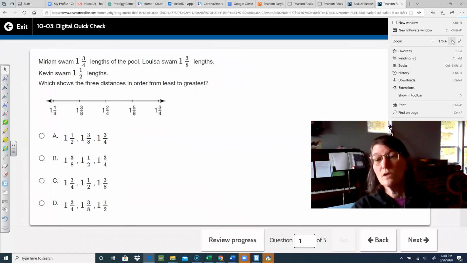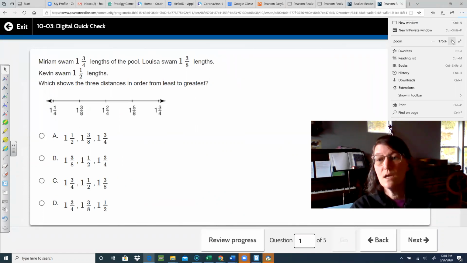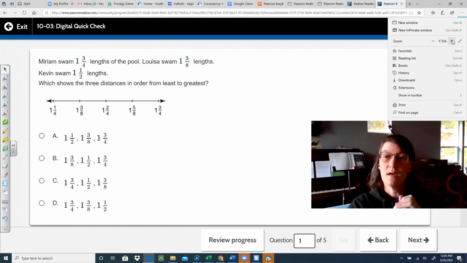So what you can do is you can pause the video and then kind of go dual screen so that you can hear me read the questions and give you hints while you take it. So why don't you pause the video, go into Pearson, and open up your digital quick check, and then once you have it in 2 screens side by side, then hit play again on the video.